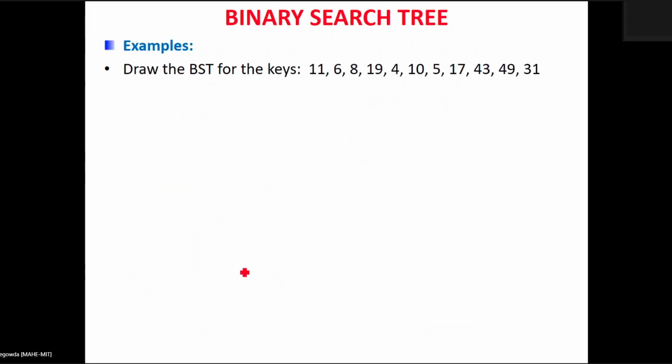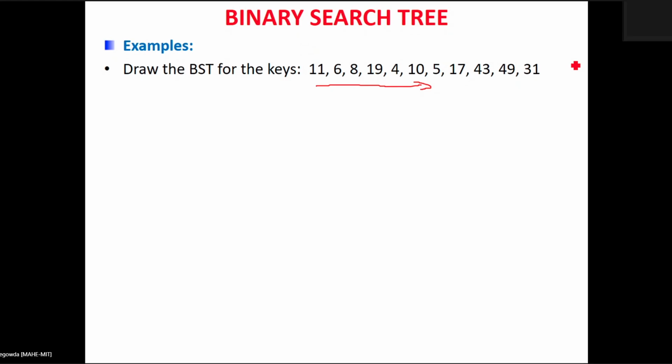Now let us see how to construct the binary search tree. If you follow those four properties, you can construct the binary search tree by adding the nodes one by one. Here is the sequence which is given, and I want to create the binary search tree for this sequence.